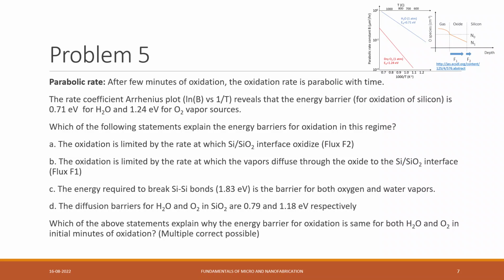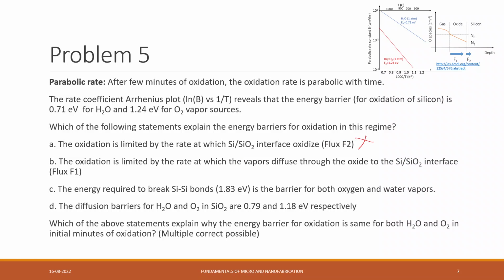So here, this diffusion now creates a diffusion time limited step that determines the rate of your oxidation. Initially it was the rate at which the interface oxidizes, but now it's the diffusion. So option B is correct.